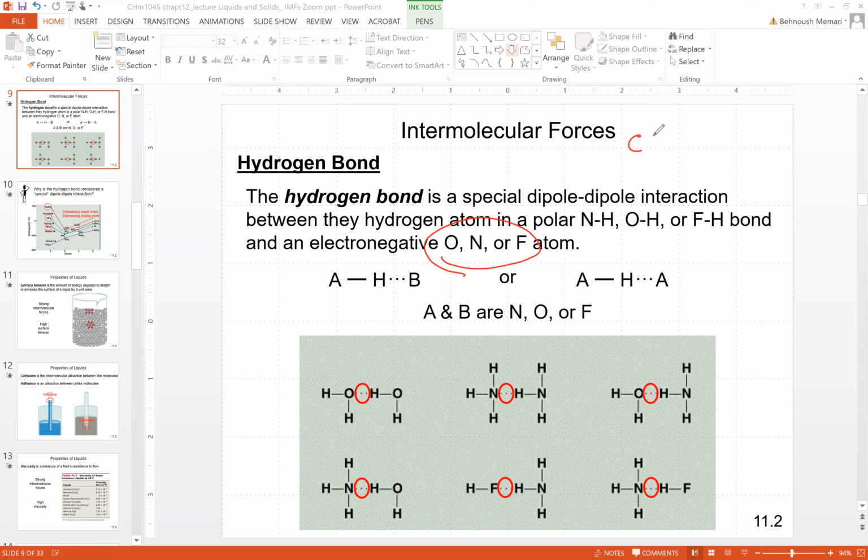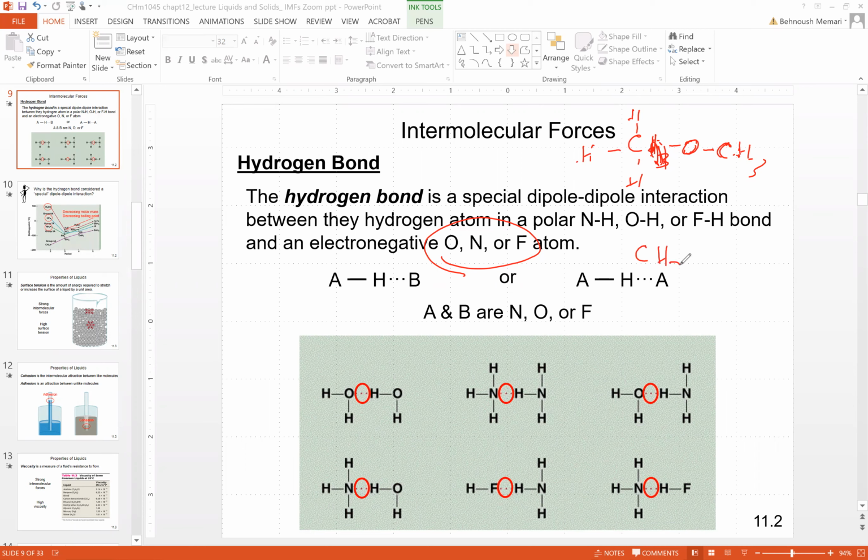Let's say you have a CH3, CH3, this oxygen is attached to carbon, not attached to hydrogen, because hydrogen cannot be in between. The molecule has oxygen and hydrogen, but no hydrogen bonding, because there is no OH bond.